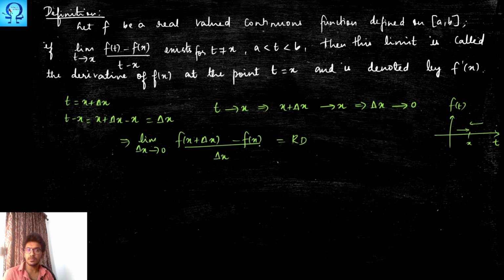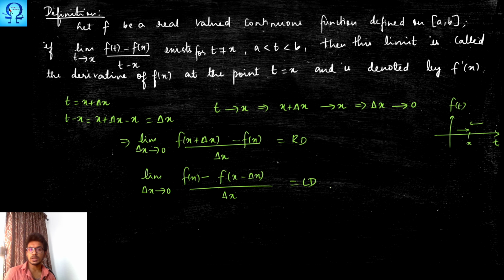Similarly, (f(x) minus f(x minus delta x)) upon delta x we call the left derivative. If both the left and right derivatives exist and they are equal, then we say that the limit exists and is the same as these values.